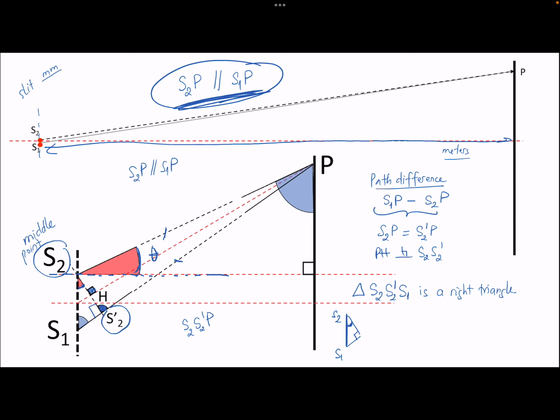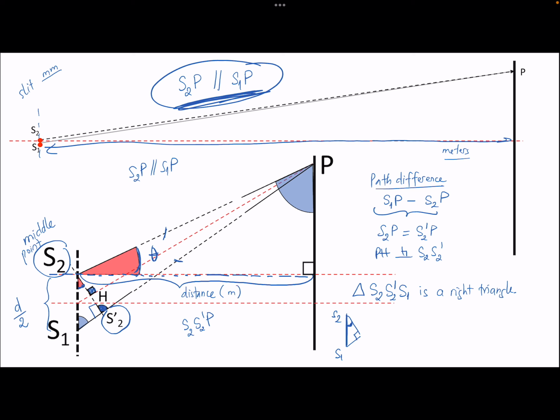So from S2 to S1, it should be the slit separation, d over 2 for half. From the middle point of the slit, you draw a perpendicular line to the screen. This will be the distance between the slit and the screen, which is usually measured in meters.